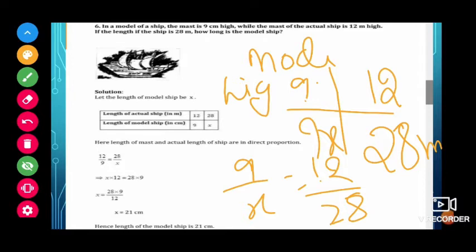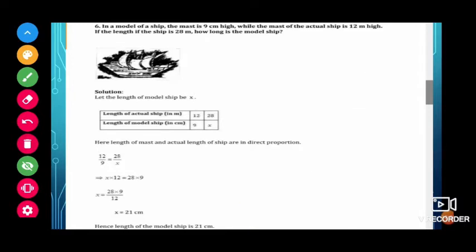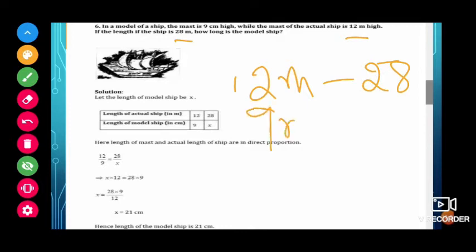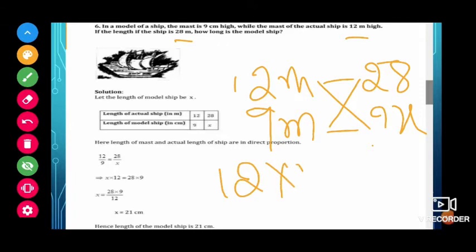Or else, as I told you already, the cross multiplication method: when the mast is 12 meters high, the length is 28 meters. If it is 9 meters high, what is the length? Let's take it as x. Do the cross multiplication: 12 into x is equal to 28 into 9. Both the methods I am showing, you can take any method.